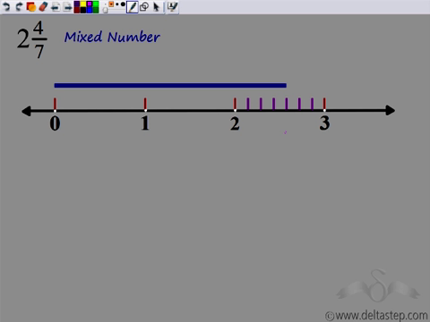So let's look at this. I divide each unit length into 7 parts. How many 7s does this 2 have? 14. 7 plus 7. So 14 by 7. And here I have 4 by 7. So this mixed number, which is 2 4 by 7, is nothing but 14 by 7 plus 4 by 7.